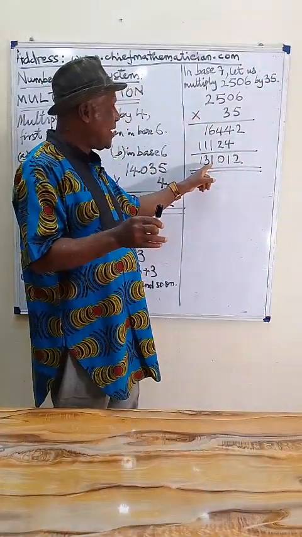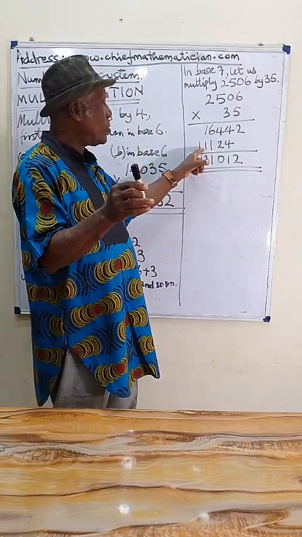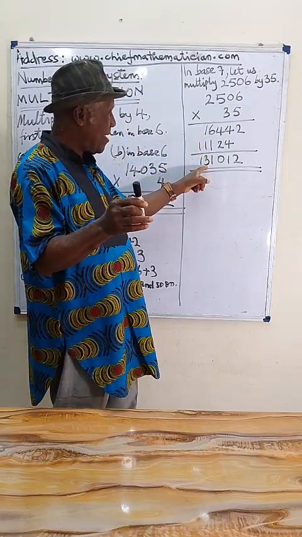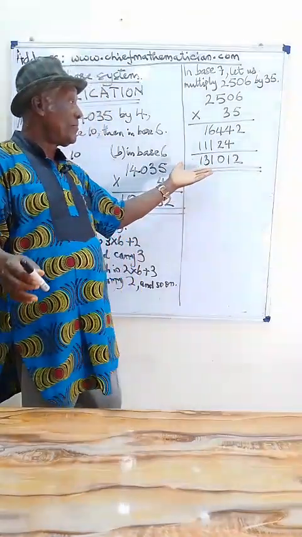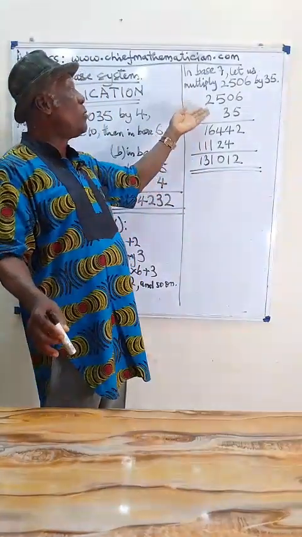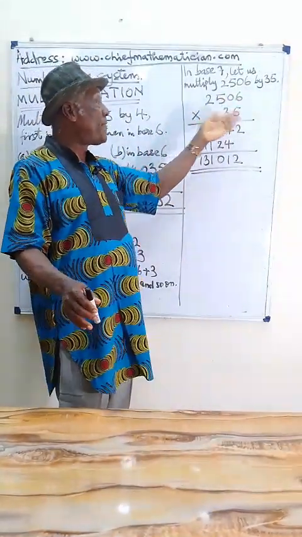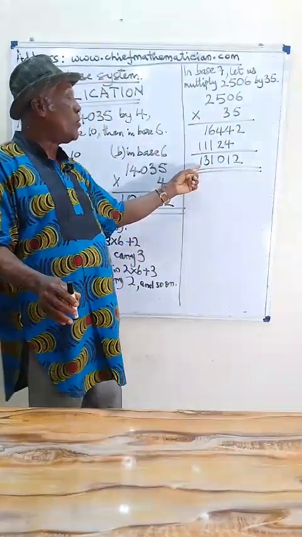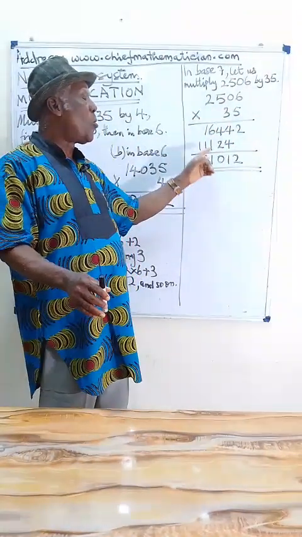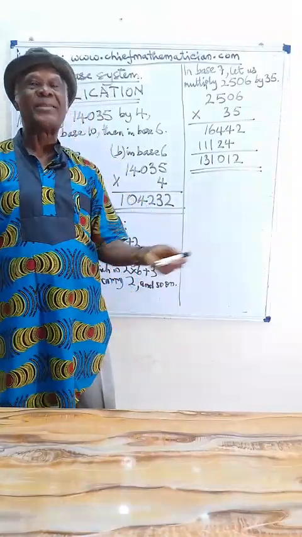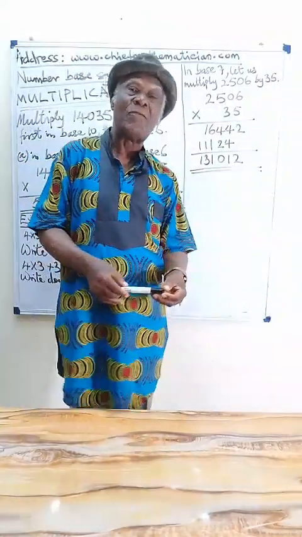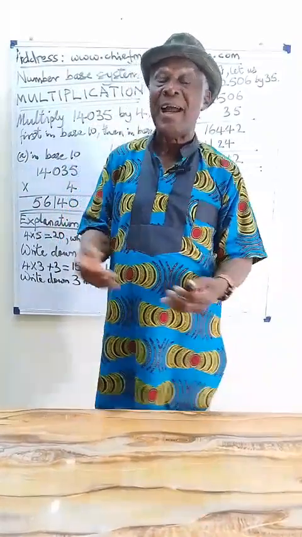You put down the 1 and carry 1. 1 plus 1, 2, plus 1, 3. Write down 3. Bring down 1. So you can see that multiplying 2506 by 35 will end up giving you 131012.